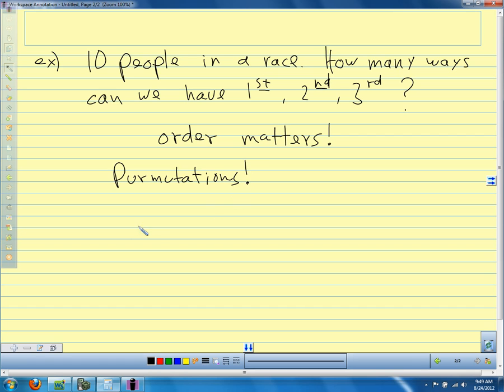So we're going to calculate 10P3. 3 things out of 10 in arrangement where order matters. So I get 10 factorial over 10 minus 3 factorial. So I get 10 factorial over 7 factorial.